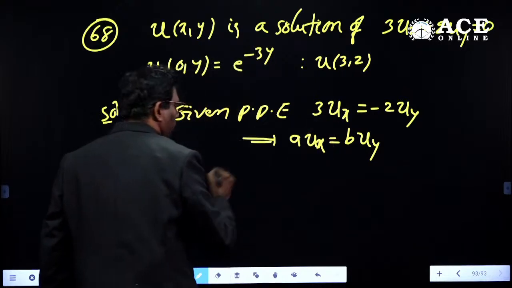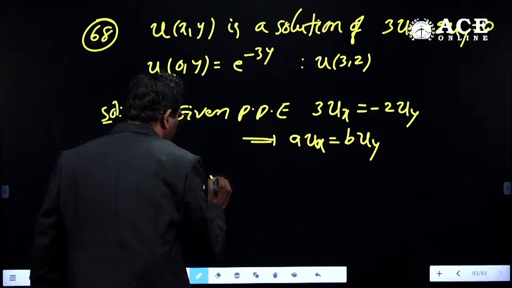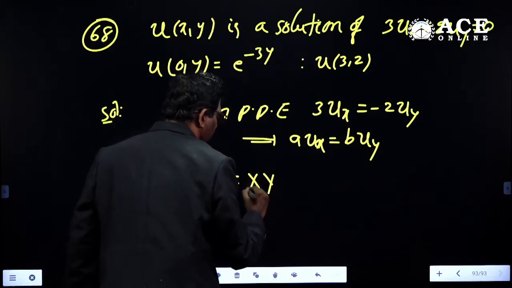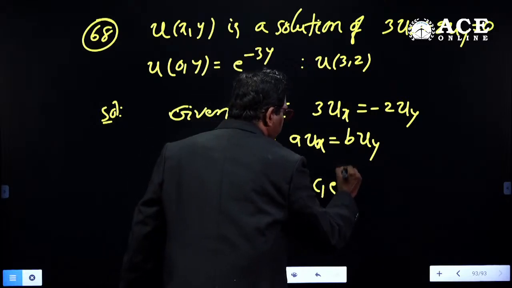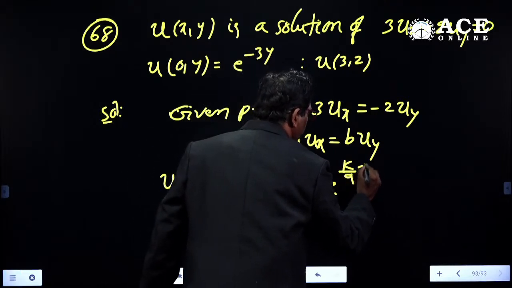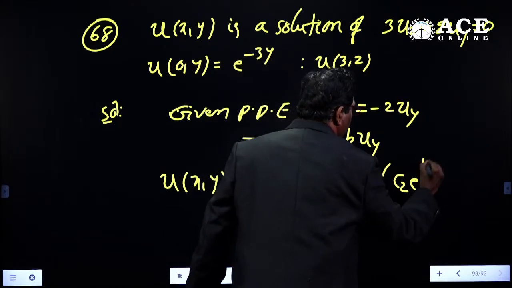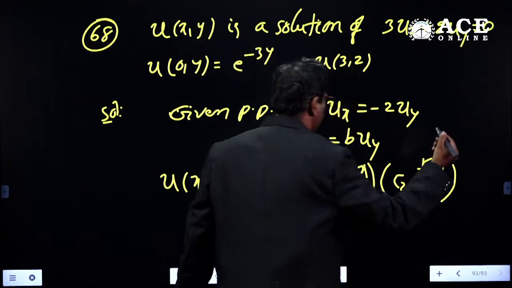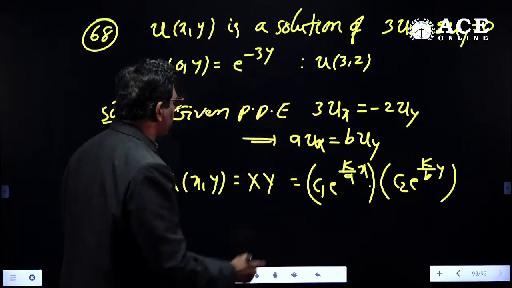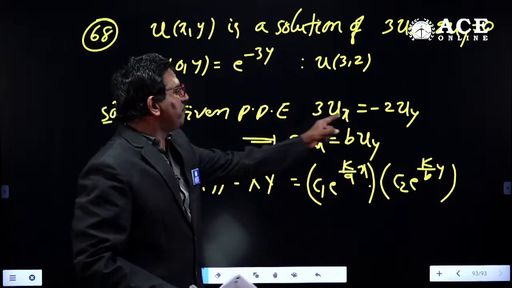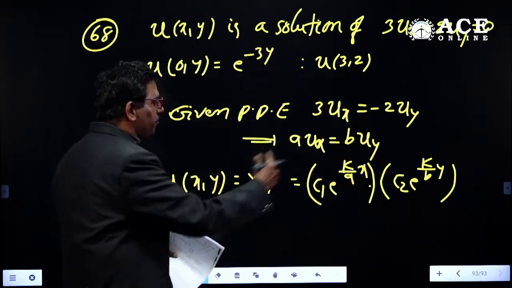then the solution is u of x,y is nothing but X(x) Y(y). Here capital X is C1 e to the power k by A x, and capital Y is C2 e to the power k by B y. Now here A is 3 and B is minus 2, so you can substitute directly, no need to solve.